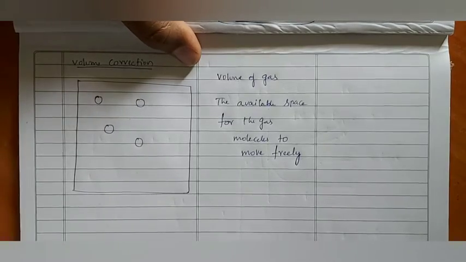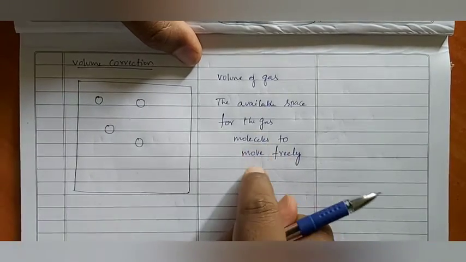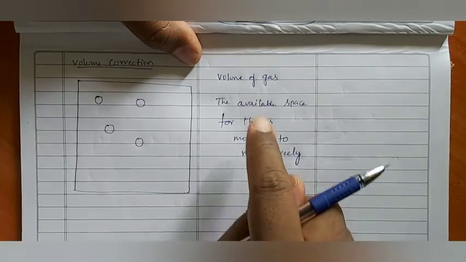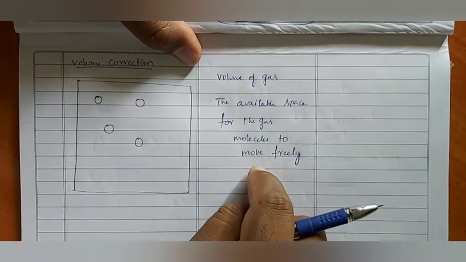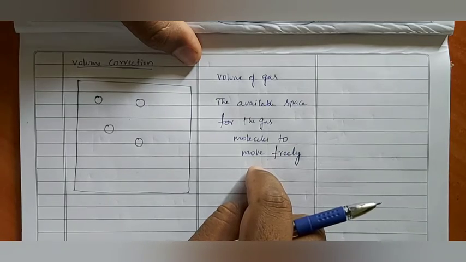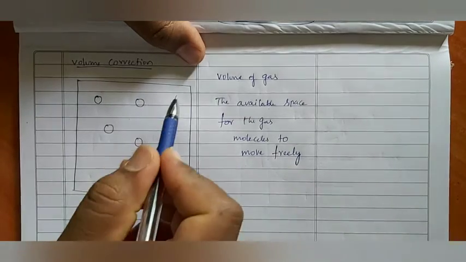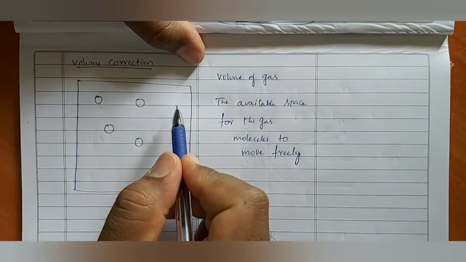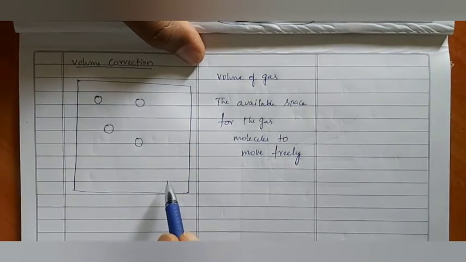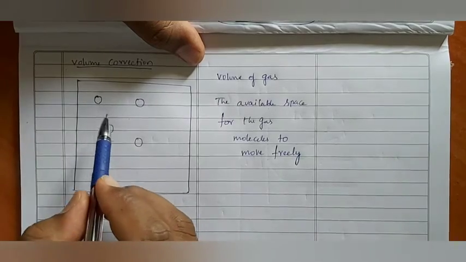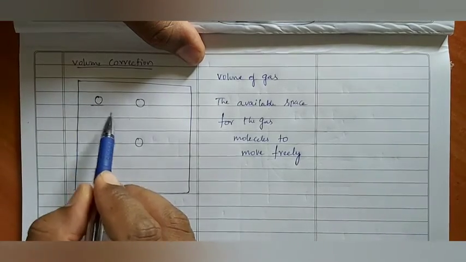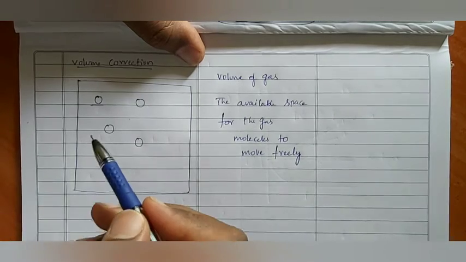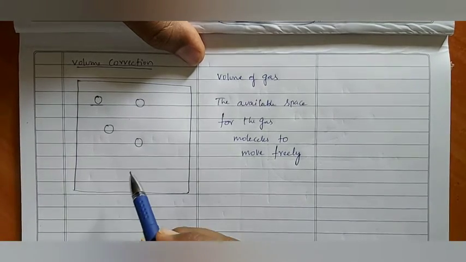The available space for the gas molecules to move freely is called the volume of the gas. Now they are telling us that in this total volume of the container, the entire volume can be freely moved by these molecules. That's why we are neglecting the volume of the gas molecule.